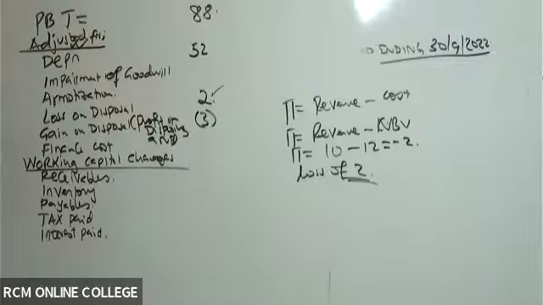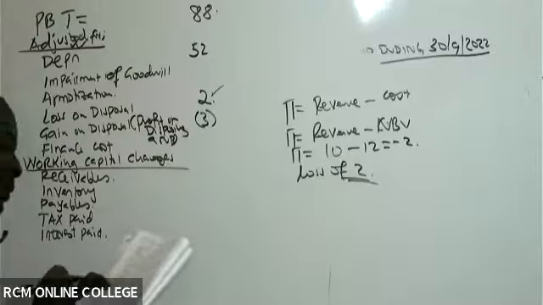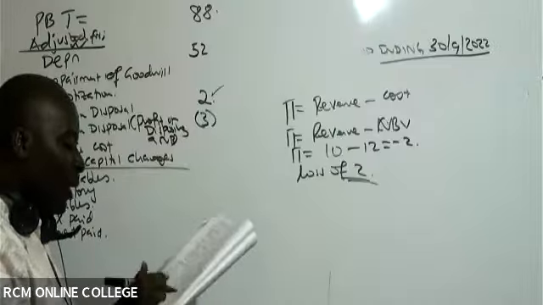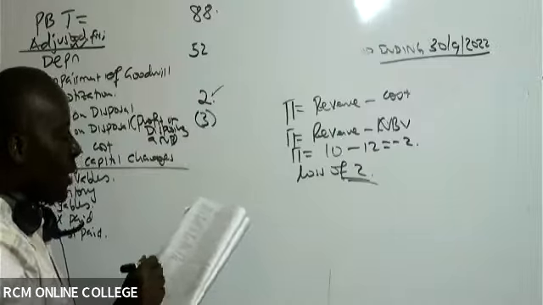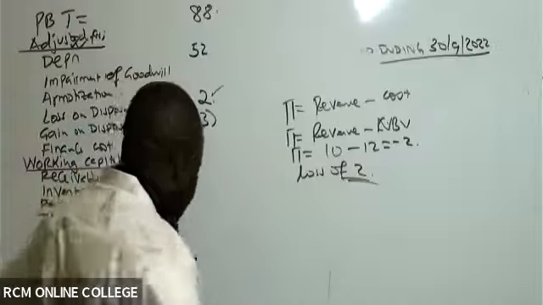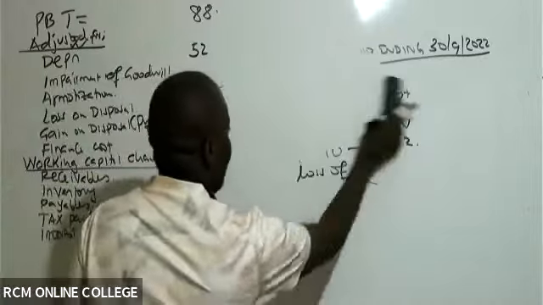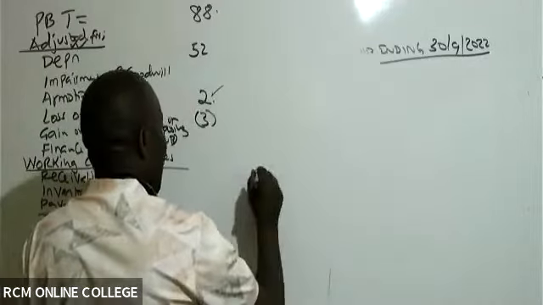Ladies and gentlemen, once you reach here, you've been able to do very many things from your notes. Now, you go straight away to your income statement where you are able to see profit before tax.